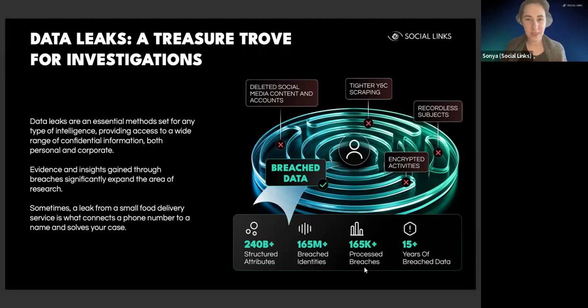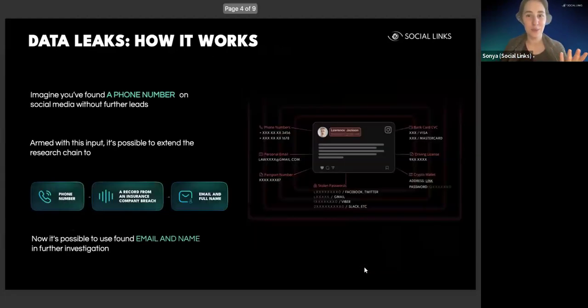Let's take an example first, not in any platform, I just want to explain how it would look. Let's say we have a phone number, and again, let's say you've hit all the dead ends, no further leads, you can't find anything. With that phone number, let's say there has been a breach from an insurance company, and there you can connect the phone number to an email address of that person and the full name.